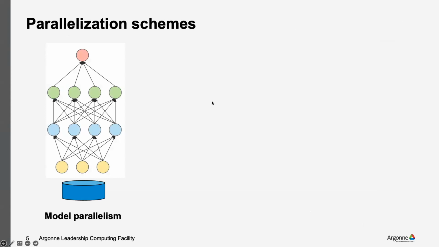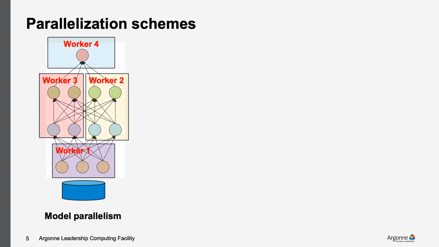In terms of parallelization schemes, there are basically 2 kinds. One is model parallelization. Essentially, the concept is very simple. You have a big neural net, and we just partition the neural net into different pieces, and each worker here is a different GPU.